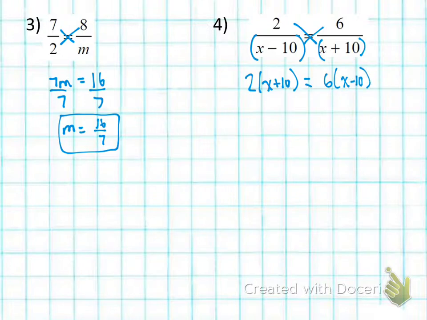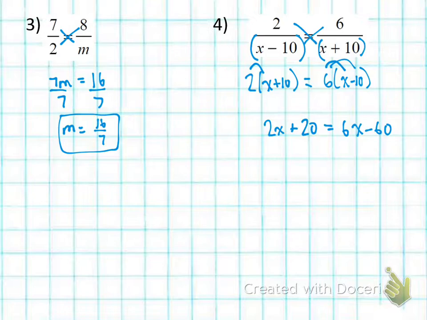We've learned the distributive property last week, so we're going to practice the same thing again. 2 times x is 2x. 2 times 10 is 20. 6 times x is 6x. 6 times negative 10 is negative 60, right? Are all my like terms together?